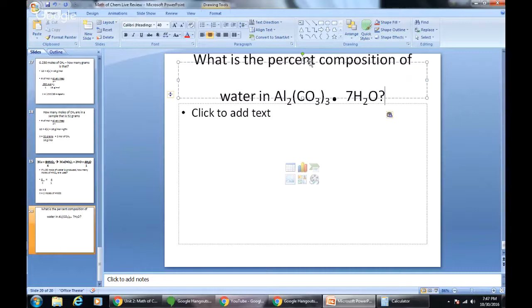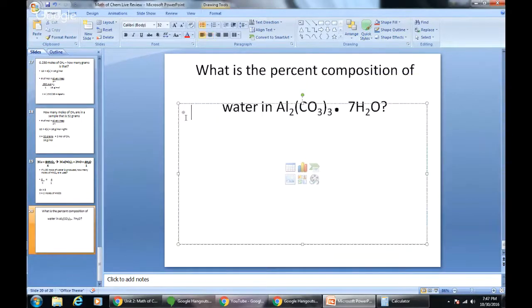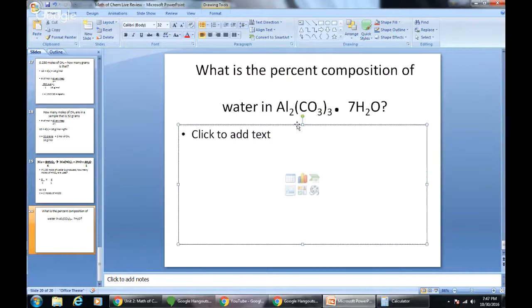What is the percent composition of water in Al2(CO3)3 and 2 water molecules?